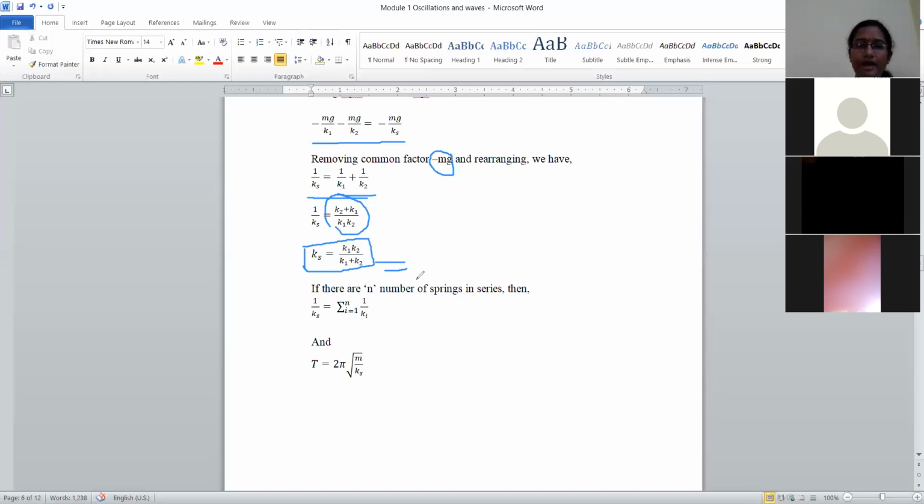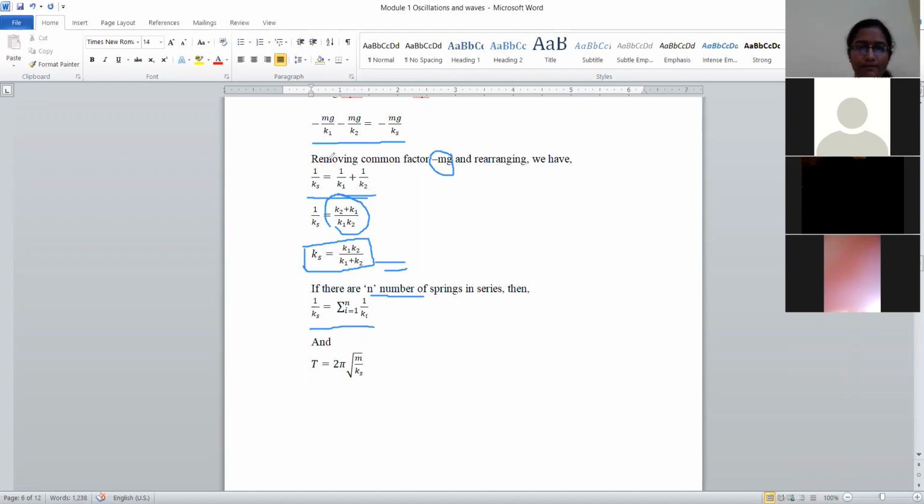Similarly, what we discussed now is only for two springs. Now if there are n number of springs, then what do we write? We write 1 by Ks is equal to summation i equals 1 to n of 1 by Ki.